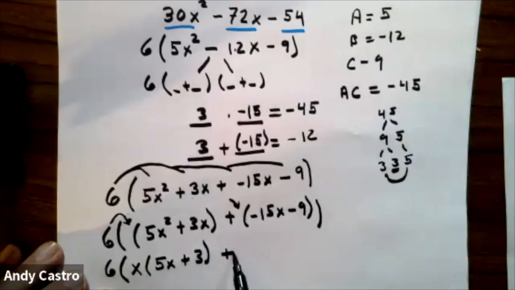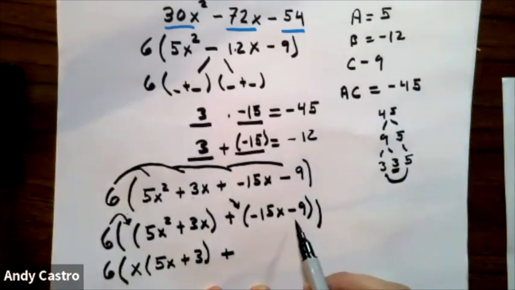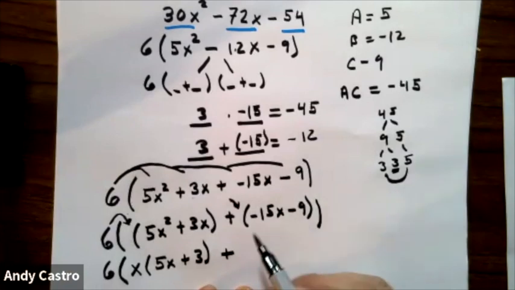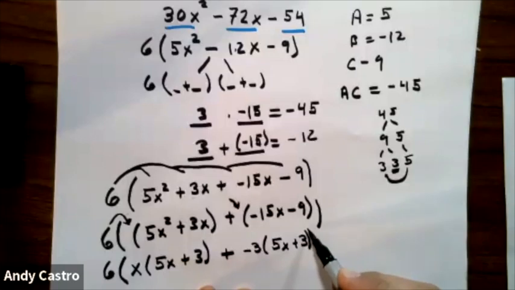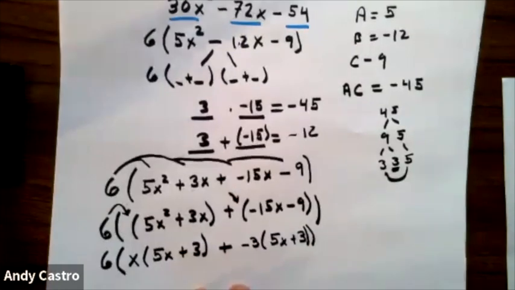Then plus, here I've got negative 15 and negative 9, and they share a negative 3. So I'm going to pull out a negative 3. A negative 3 out of the negative 15x gives me a positive 5x, and a negative 3 out of the negative 9, I'm left with a positive 3. End parenthesis, and a second parenthesis.